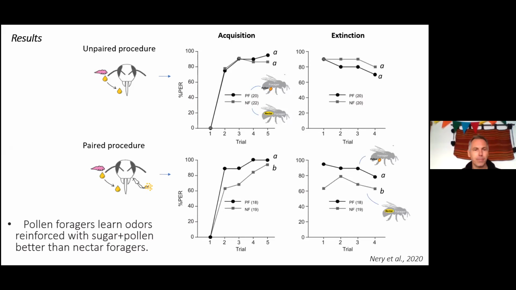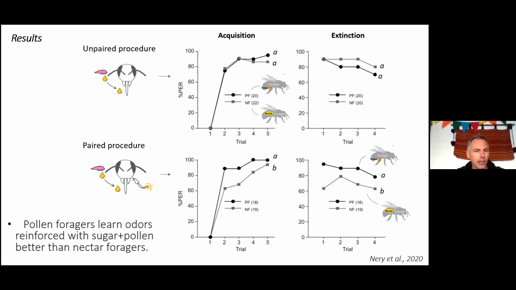Now, when we move to the paired procedure, in which the odor was rewarded by sucrose solution plus pollen, we can detect differences between both groups, with pollen foragers performing better, learning faster probably, than nectar foragers, and also retaining their memories better than nectar foragers.